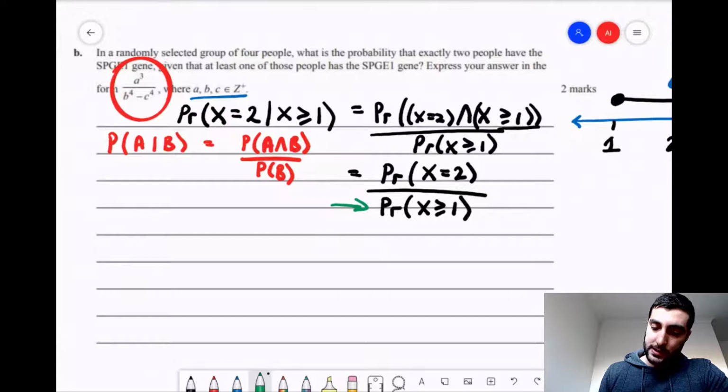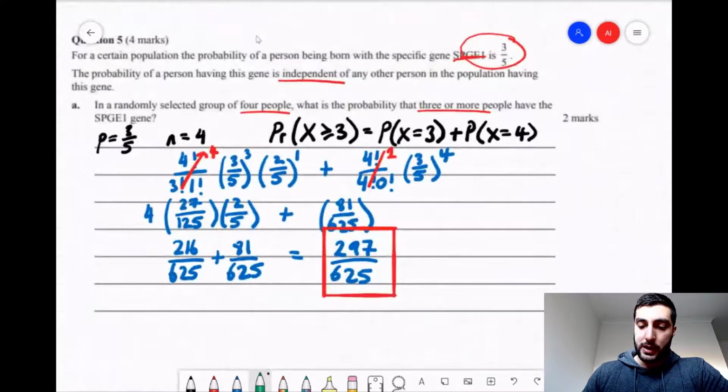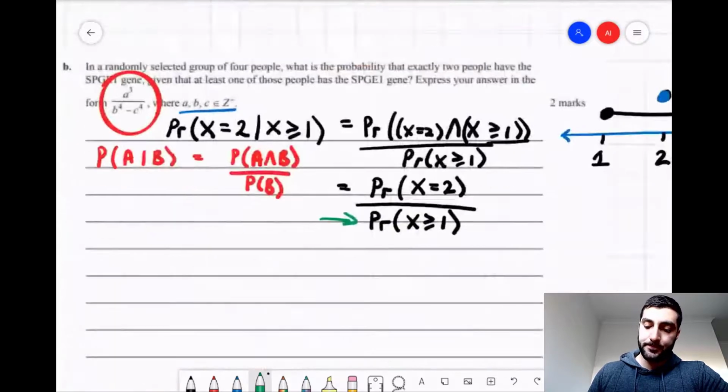Let's simplify this. This is a similar issue we ran into with question A, where we had a continuous binomial, but we had to break that up into discrete values to then work out by hand using the binomial formula.